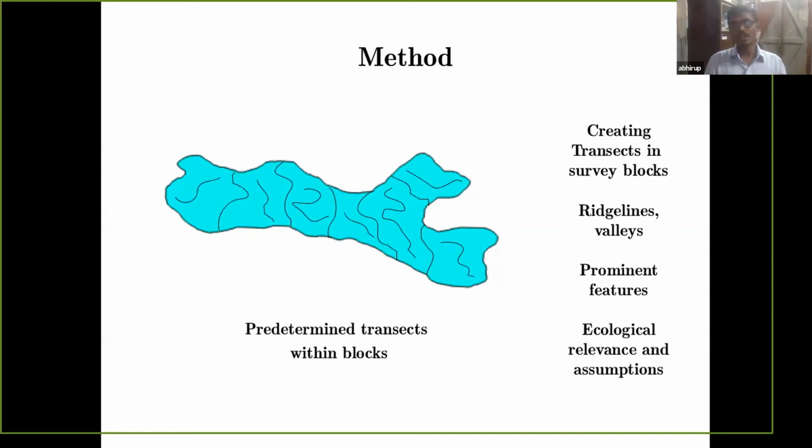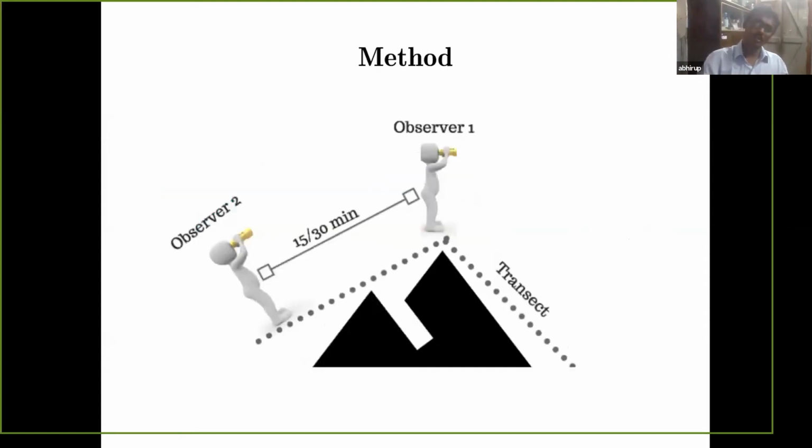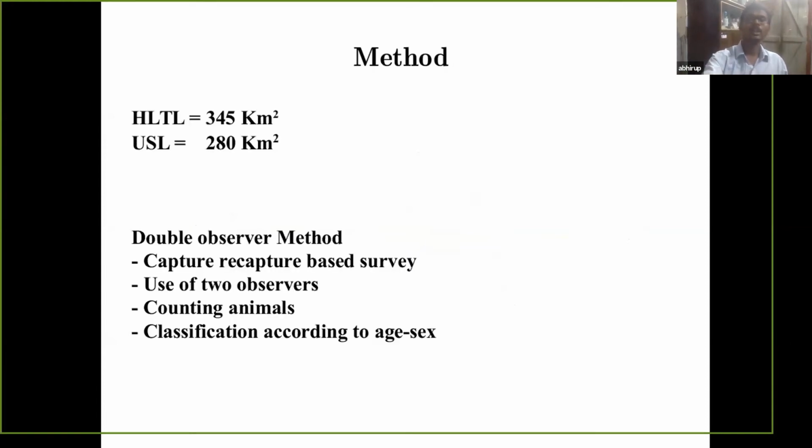So we laid those transects, and we kept a 20-minute distance between observer 1 and observer 2, and we walked those transects. In HLTL, we covered almost 345 square kilometers, and in USL we covered 280 square kilometers. And we counted animals.